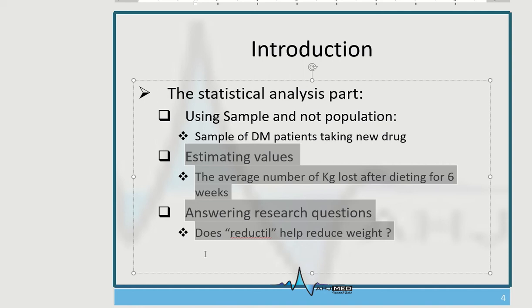Statistics is important because research is important. Research is important because it helps us generate new information needed. Statistics is part of research, and we use it to summarize and present the data, which is part of estimation, and also to answer the research question that we ran the study for.